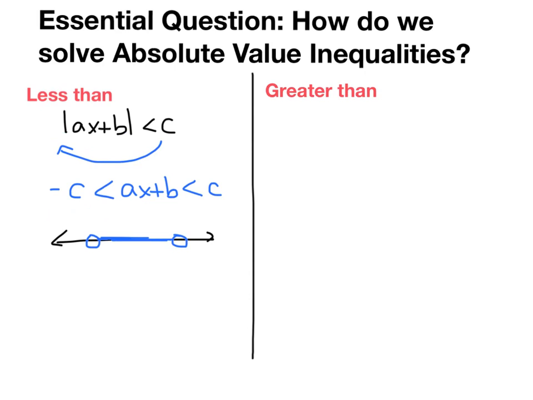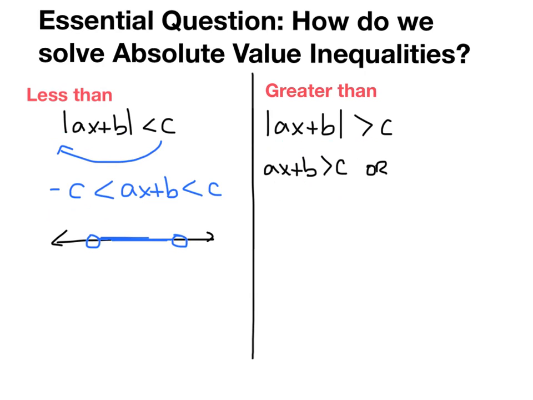Whenever you have a greater than, so for this case I'll say ax plus b is greater than c, then we have to say this is either ax plus b is greater than c, or... notice that we've pretty much kept it the same. We just stripped away the absolute value signs.